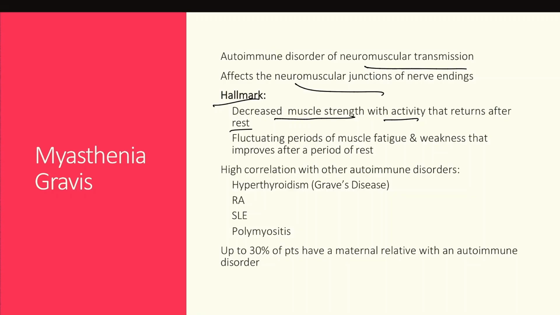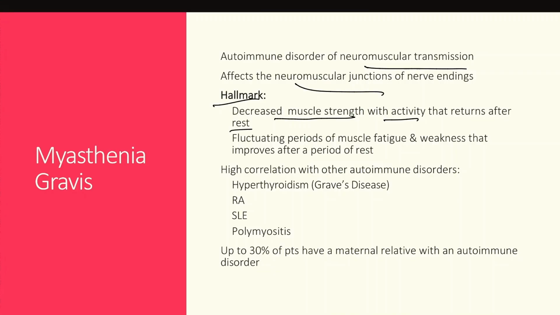What we do is we have them do a hand grip strength. We have them squeeze, and we see how much strength they can produce with their hand. And we have them repeat it. Over time, that squeeze is going to get weaker and weaker because there's less acetylcholine stimulating the muscle cell to squeeze, because myasthenia gravis has blocked the receptors.